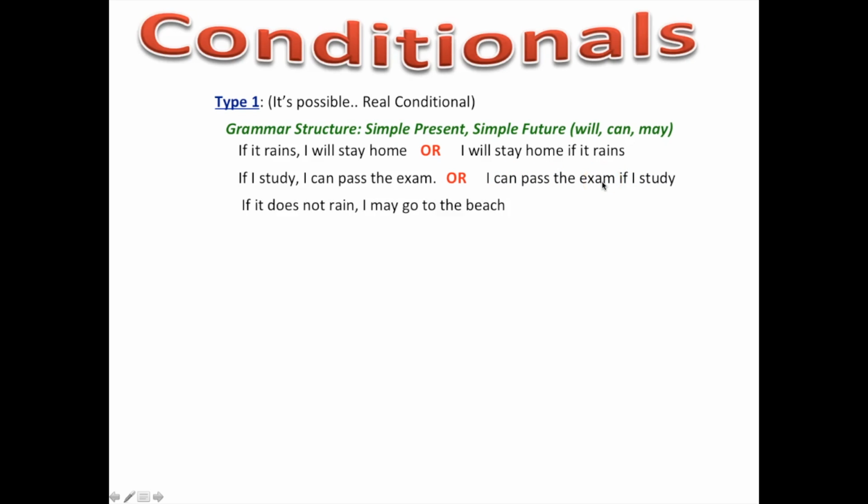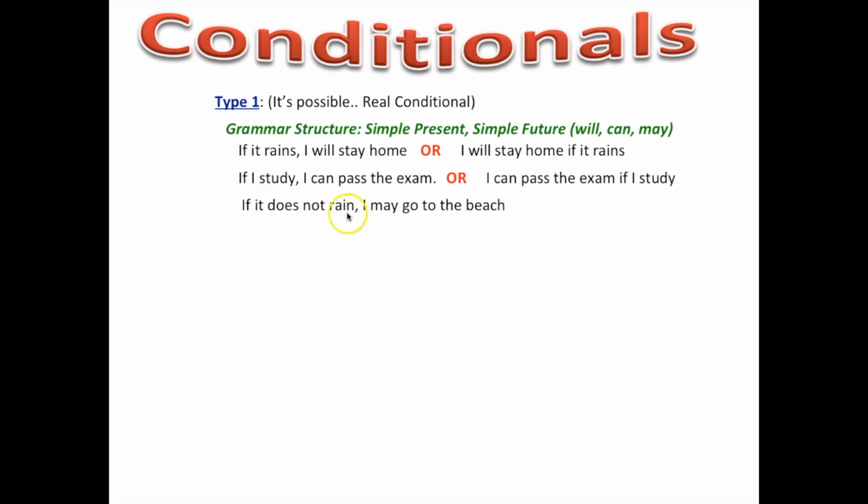The next example is, if it does not rain, I may go to the beach. Again, if you go back to the lesson where we studied permission, you're going to see that may is used for permission, but in English, we also use may for possibility in the present and in the future.